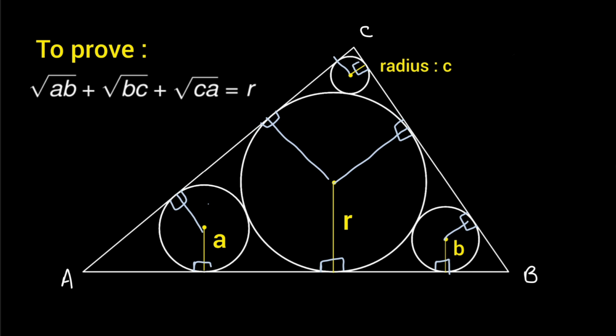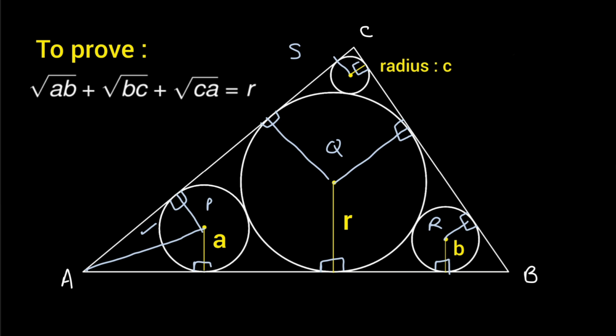Now let the centers of these circles be the point P, the point Q, the point R, and the center of the top one be the point S. Now I will simply draw a line segment joining the points A and P. We can observe that this triangle and this triangle are congruent because of right angle, common hypotenuse, and these two sides are equal because they are the radius.